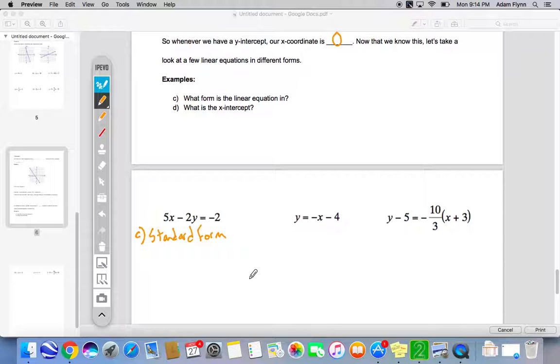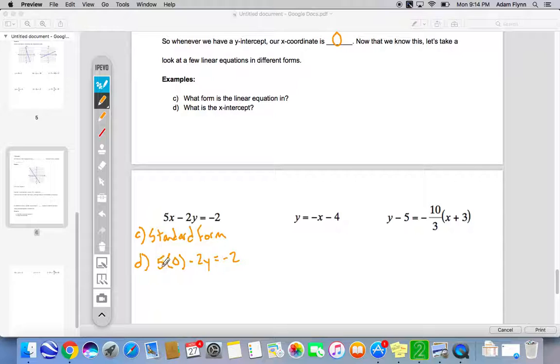Okay, so just like for finding x-intercepts, we set y equal to 0. Since we know our x-coordinate is going to be 0 now, we'll set x equal to 0 and solve for y. So for d, I'll just plug in 0. So 5 times 0 minus 2y equals negative 2.